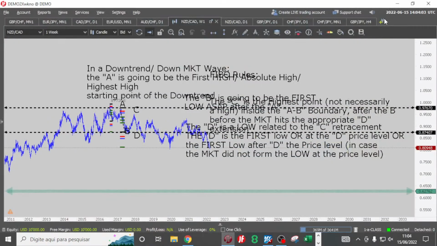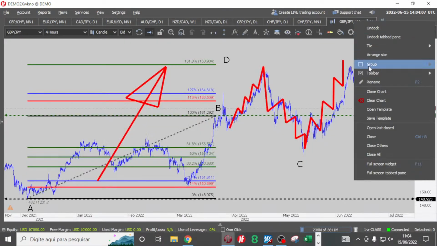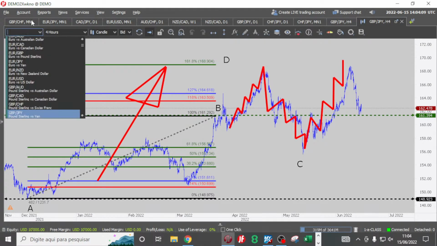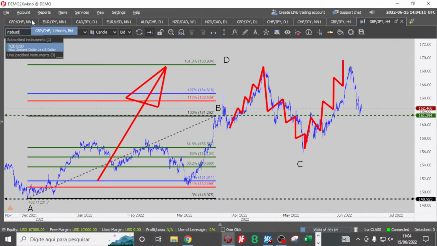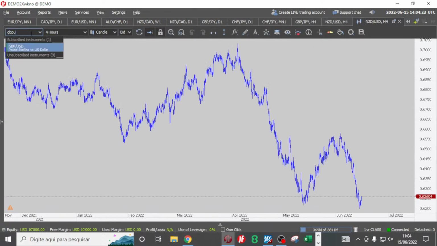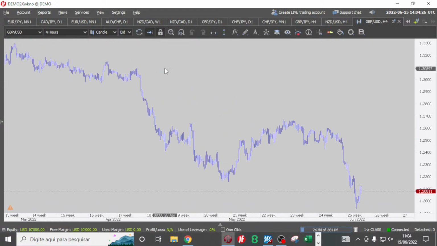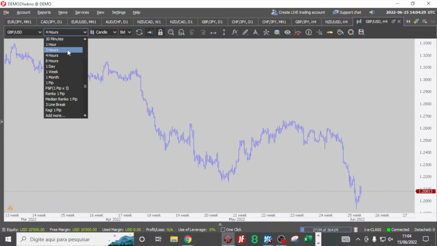Okay everybody, so let's open NZD USD, clone chart. In the meantime everybody, is anybody in here who wants to share the homework? Remember I gave you clone chart. This is going to be GBP USD for another day, right? Did anybody do the homework, everybody?